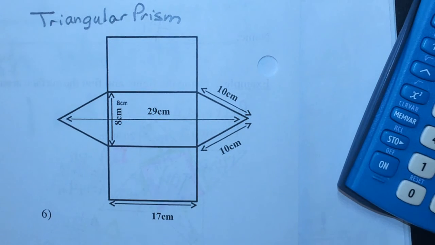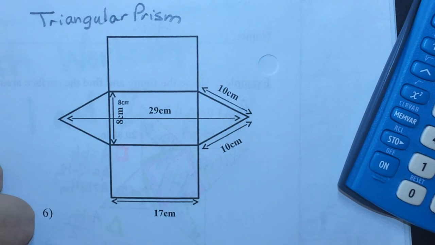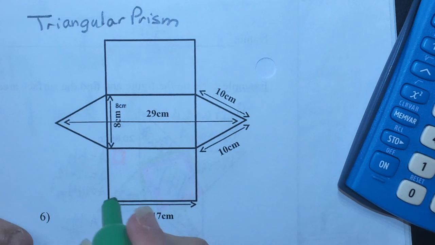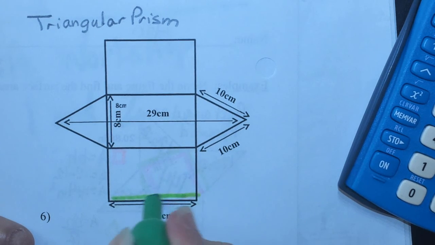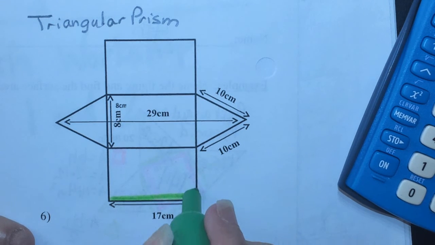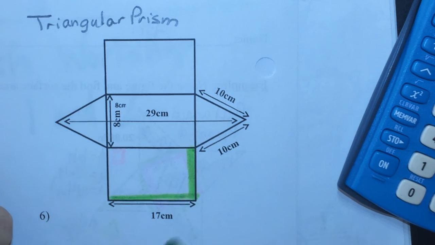Okay, starting out. What if I start with this bottom rectangle? So let's look at it. The bottom of this rectangle is 17. Does everybody agree? Okay, what is this wall? 10.